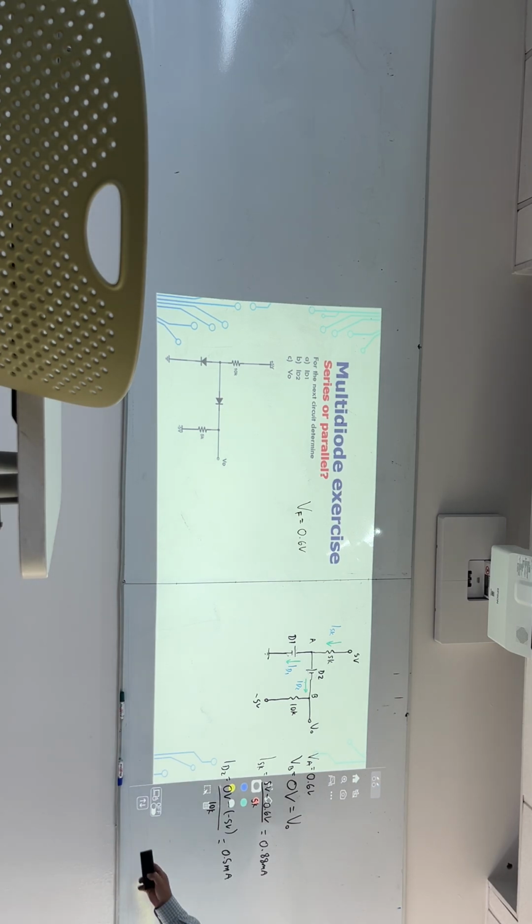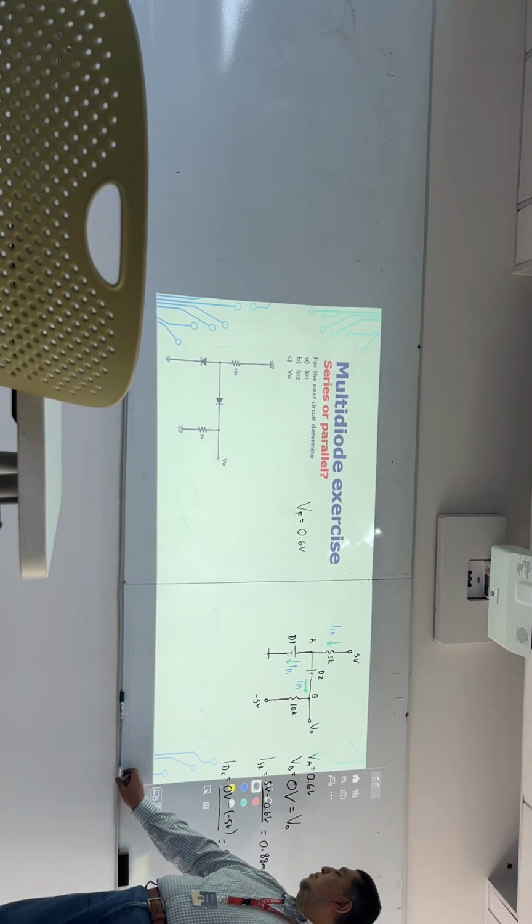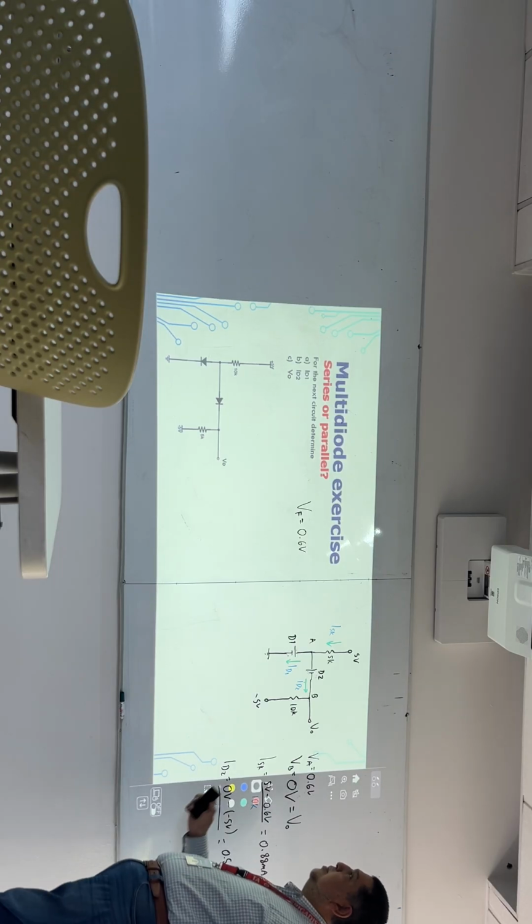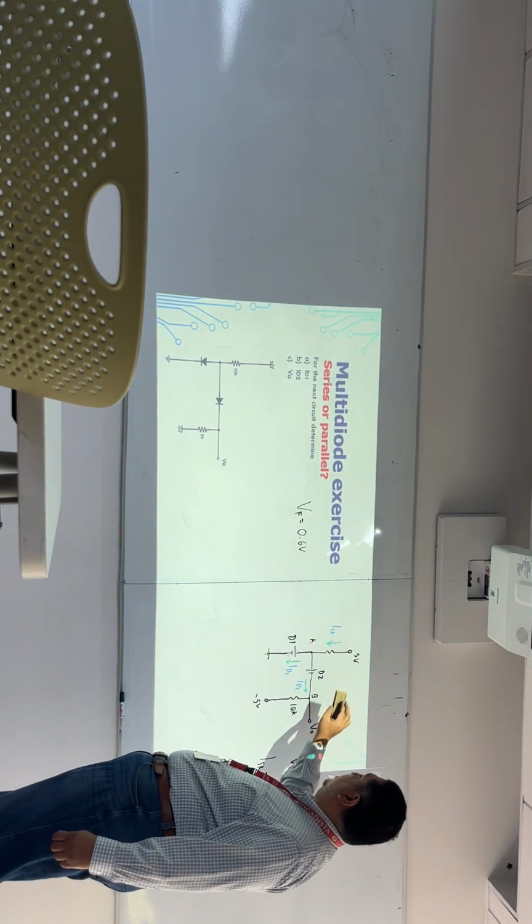Okay, so hopefully you'll find the same equations except for these two values. Now this is 10K and this is 5K.